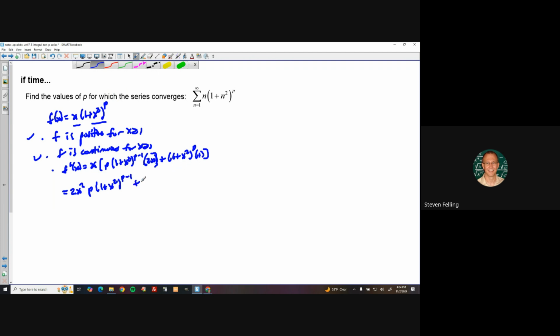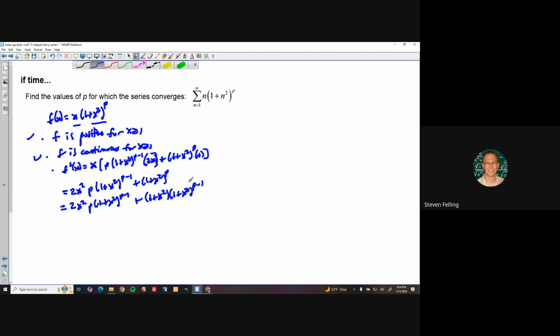This is just (1 plus x squared) to the p, which means, if there's p of these here and there's one less here, I could say this is 2x squared p (1 plus x squared) to the p minus 1, and say this is 1 plus x squared, and then I take 1 out, and there'd be p minus 1 of those left.